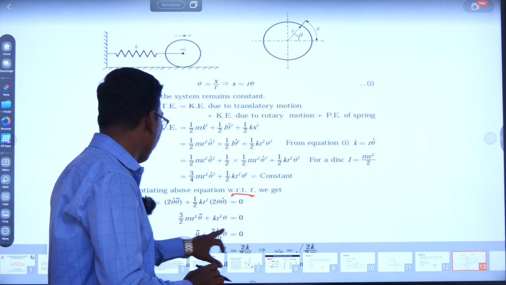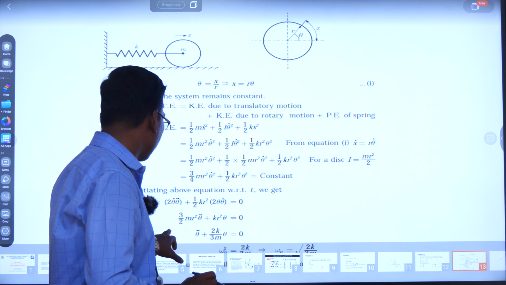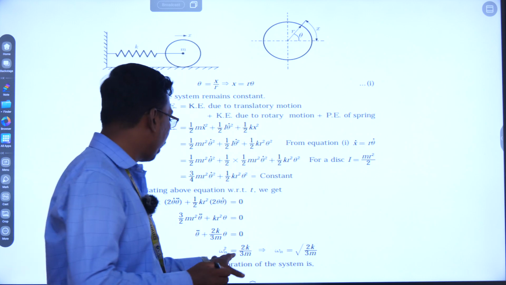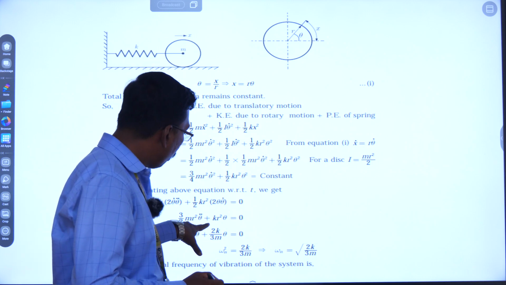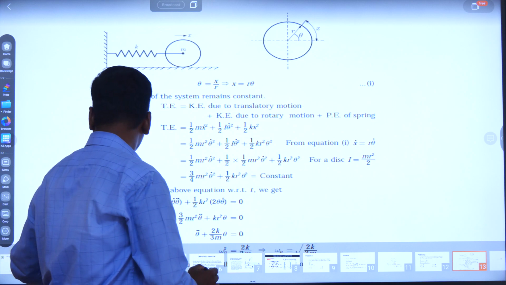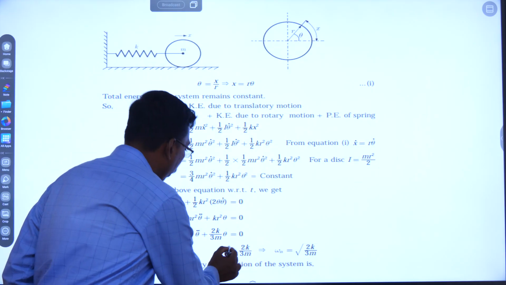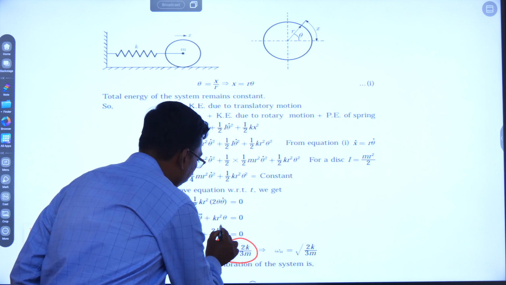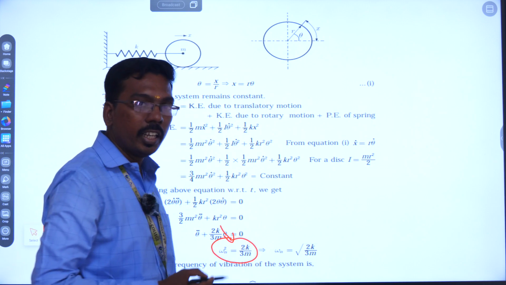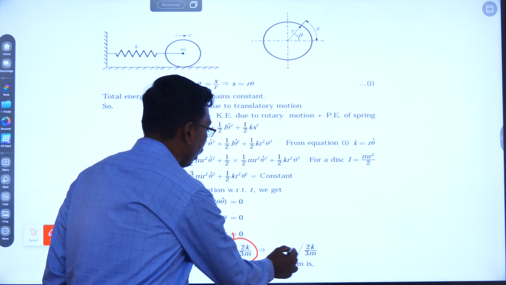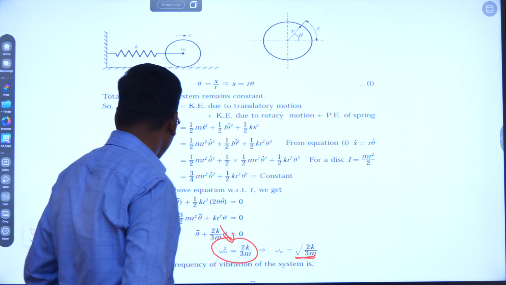Then finally we have to find the omega n square value. Omega n square is equal to 2k divided by 3m. We take the square root, so omega n is equal to root of 2k divided by 3m.